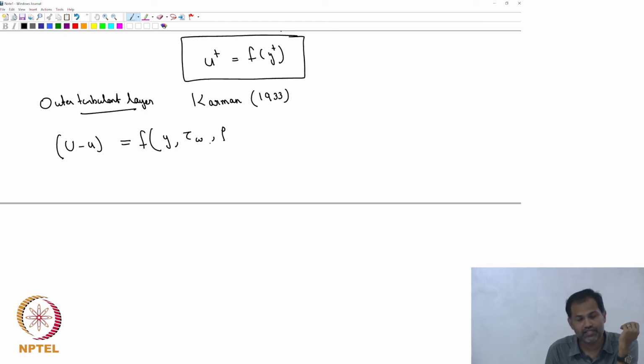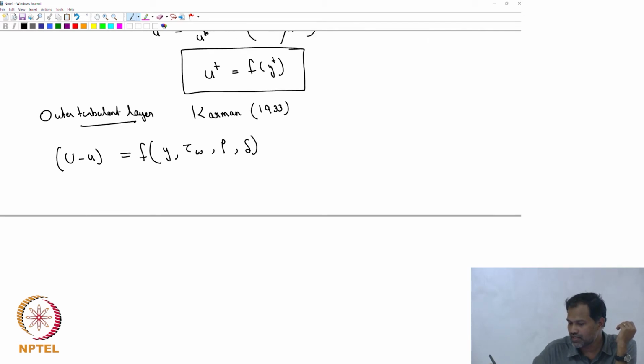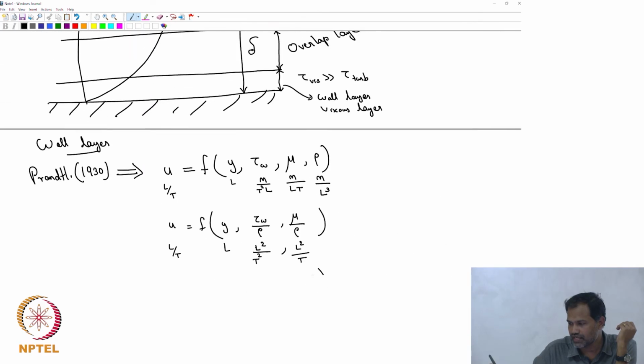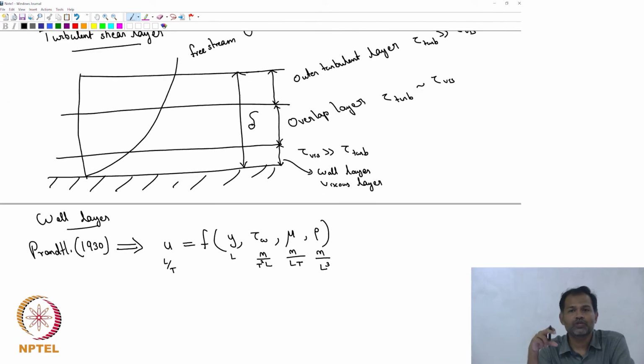You will still have density, and he says this is also going to be a function of delta, which we defined originally, where delta referred to the total height of that entire layer. If you ask me why he wrote down that, one can only say that it has been seen in experiments, and therefore you are writing it down. I do not have any more explanation to that.